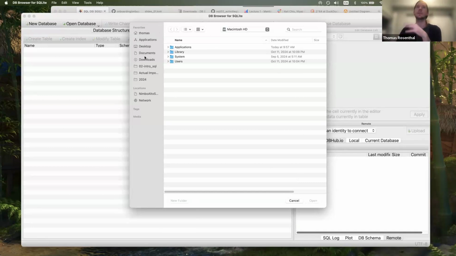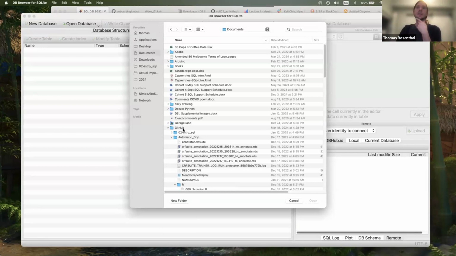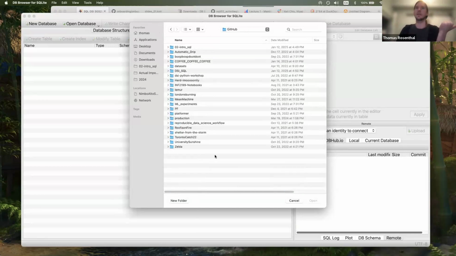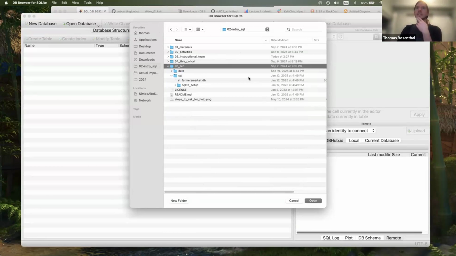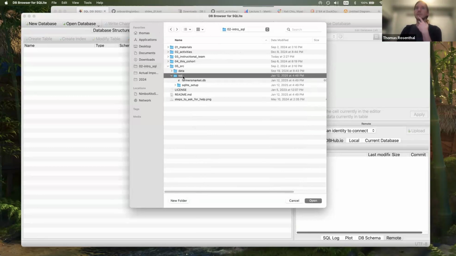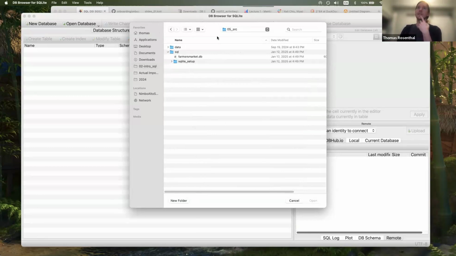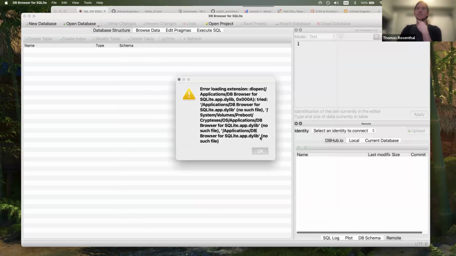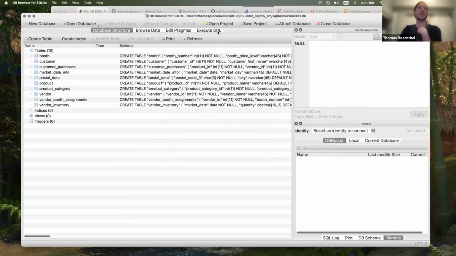So you need to clone your repo, right? So in my Documents, you guys can see I have GitHub, right? So all of my cloned repos are here in GitHub. This is 02 Intro to SQL. And then in the 05 SRC folder, there's the folder SQL. And then you'll see the farmersmarket.db. You can hit open. You won't get those OKs, but I always get those OKs.